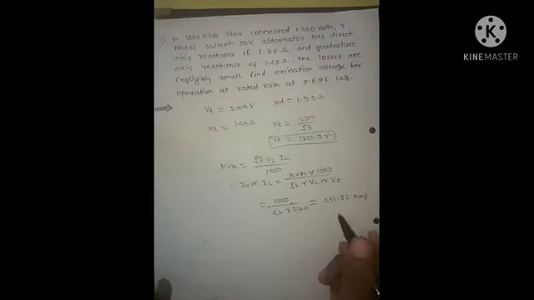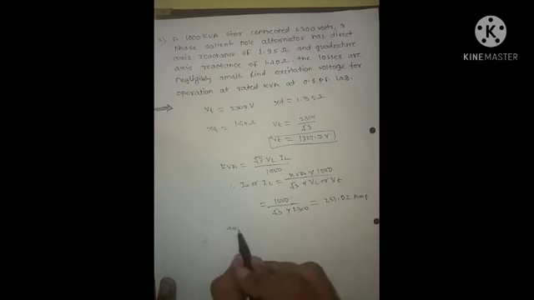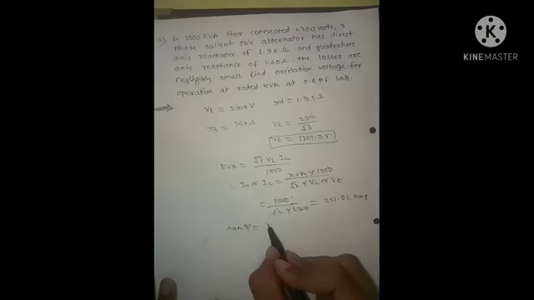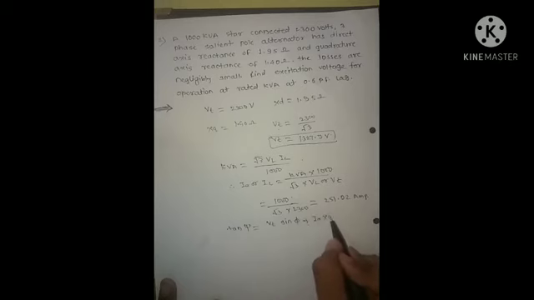ampere. Okay, now tan psi equals Vt sine of phi plus IA XQ upon Vt cos of phi plus IA RA.